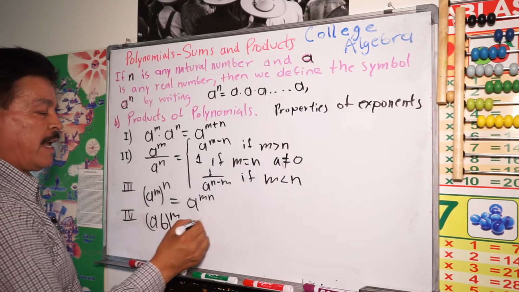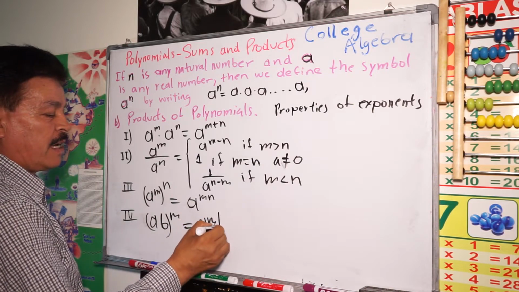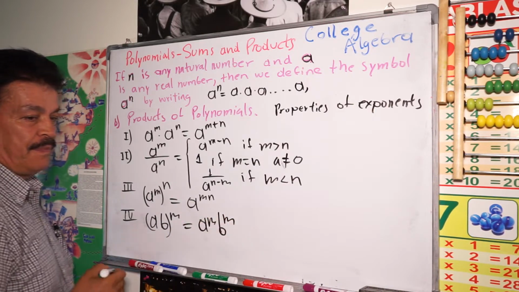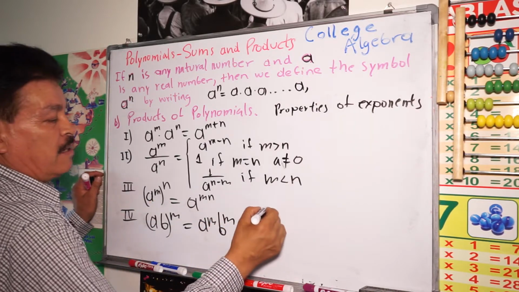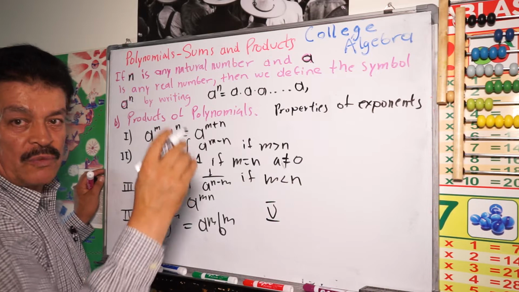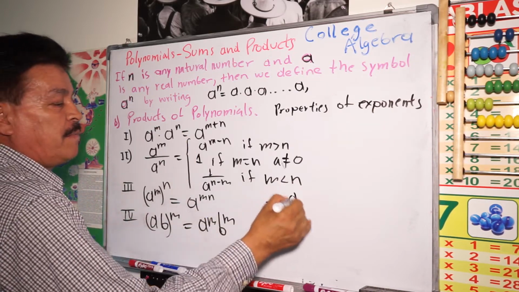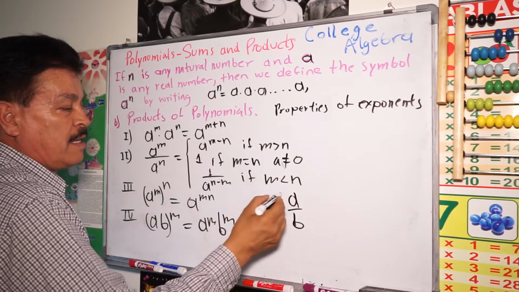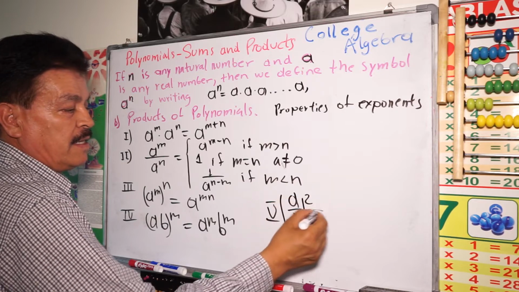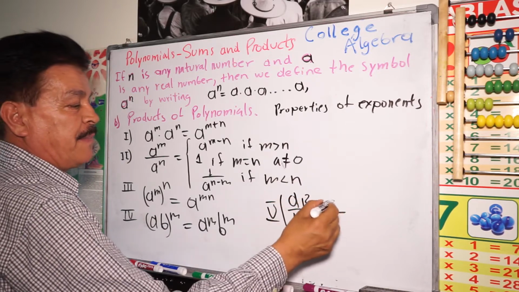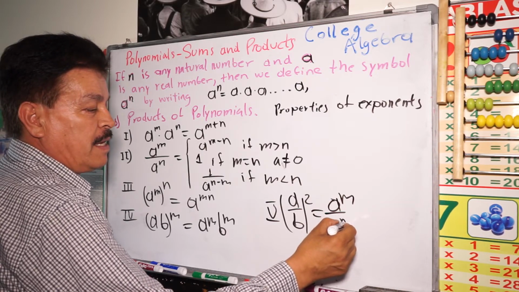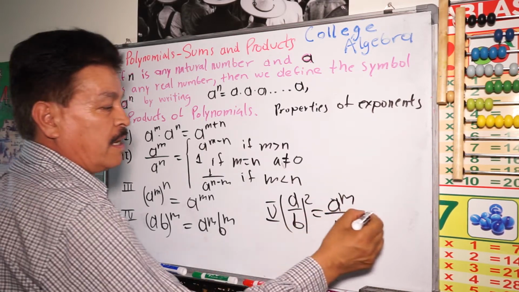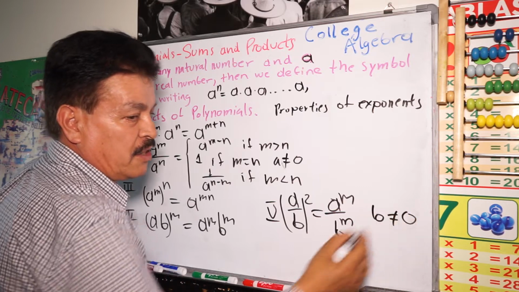This is equals a^m times b^m. Another property, number 5, you have a divided by b to the m power. This is equals a^m divided by b^m. Of course, b different from 0.